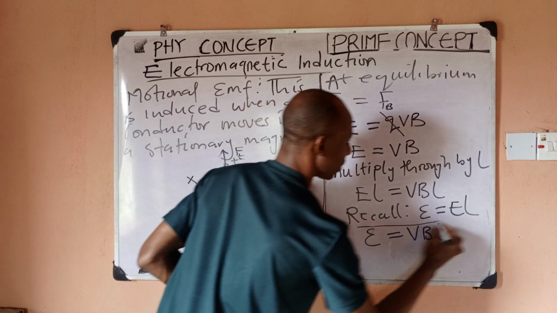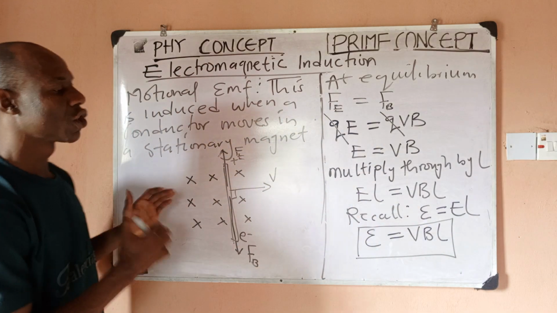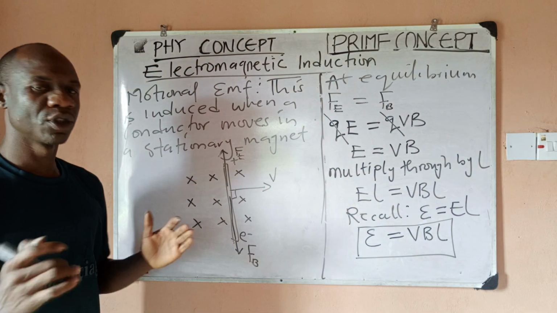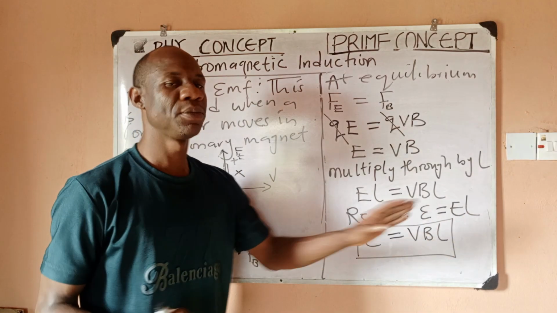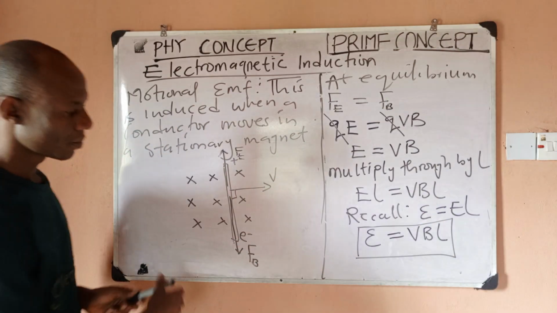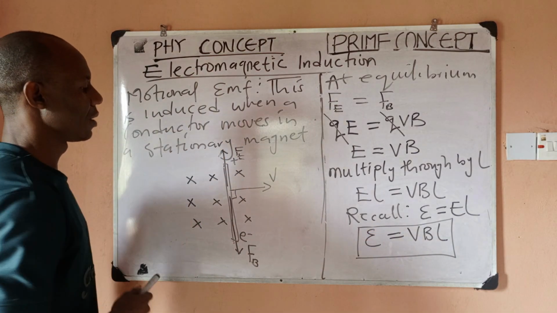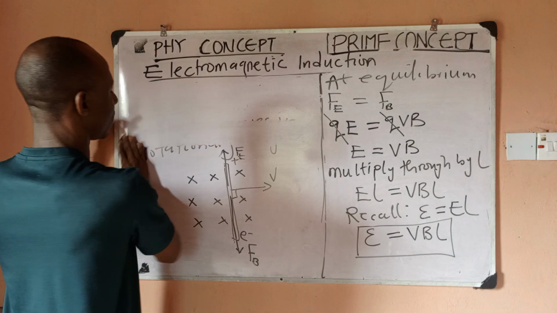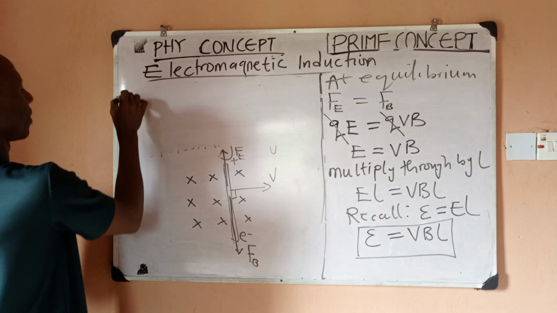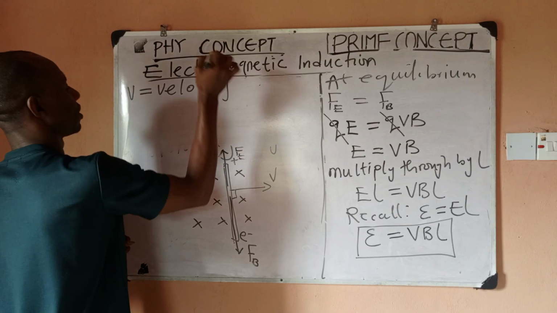So this equation we have derived is the equation for what? Motional EMF. Motional EMF is given as E equals VBL. Let me define those terms so it doesn't confuse us. V is velocity, not voltage.